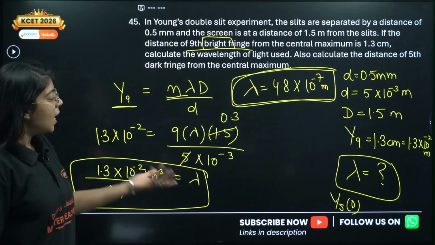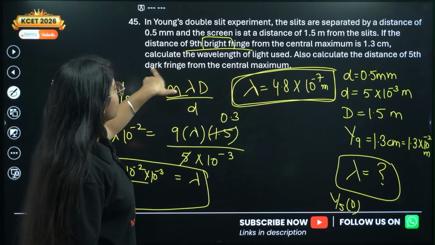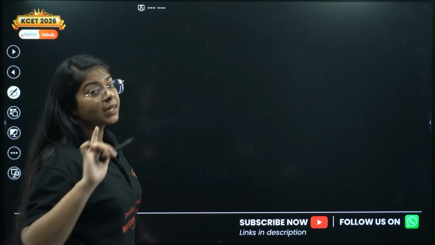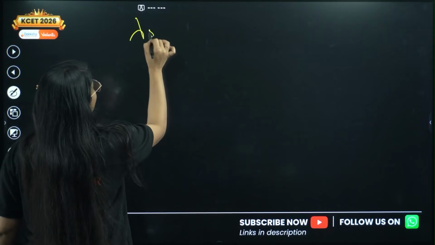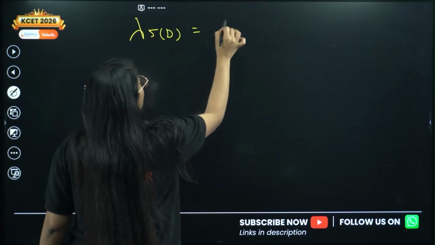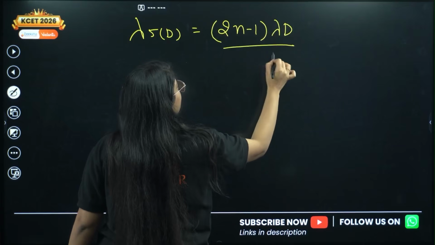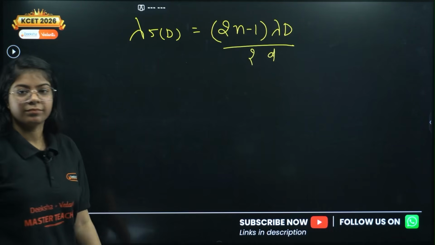Very simple. Now they have just asked us to calculate the distance of the dark fringe. Now my friend, they have said dark fringe. So the distance of the fifth dark fringe will be (2n minus 1) lambda D by 2d. Correct?